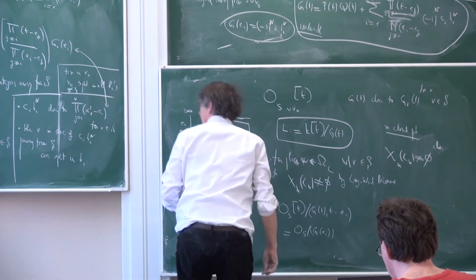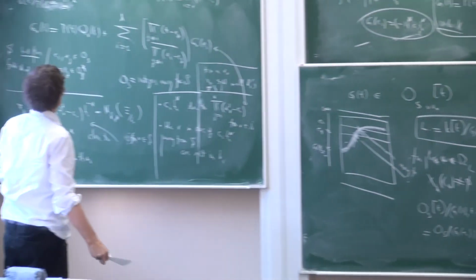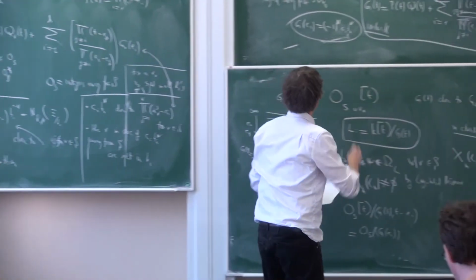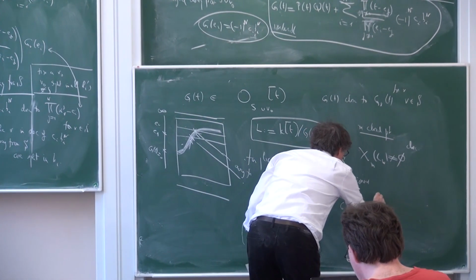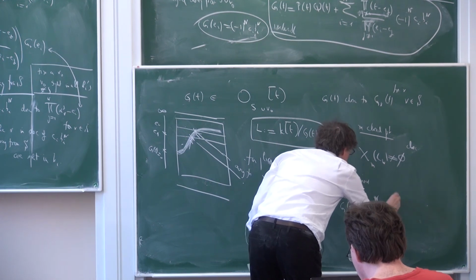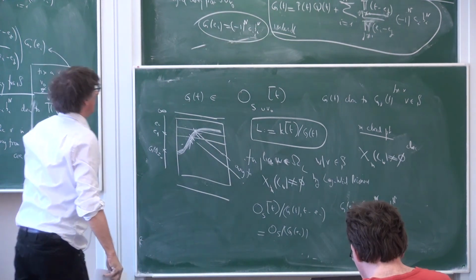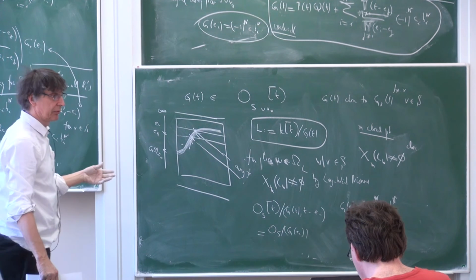Okay, and g of e_i is what? g of e_i is (-1)^n c_i b_i^n. The b_i was a unit anyway away from some things, so we don't care.